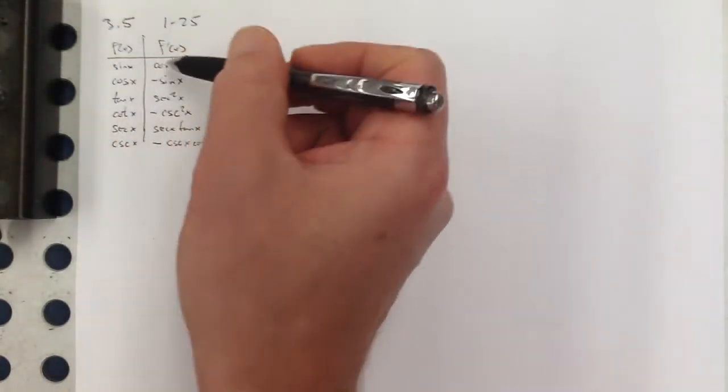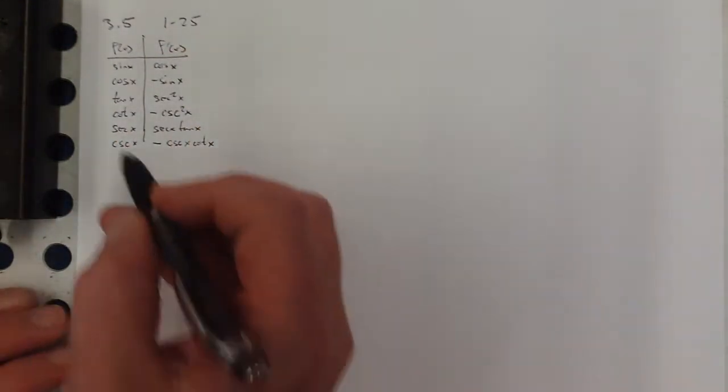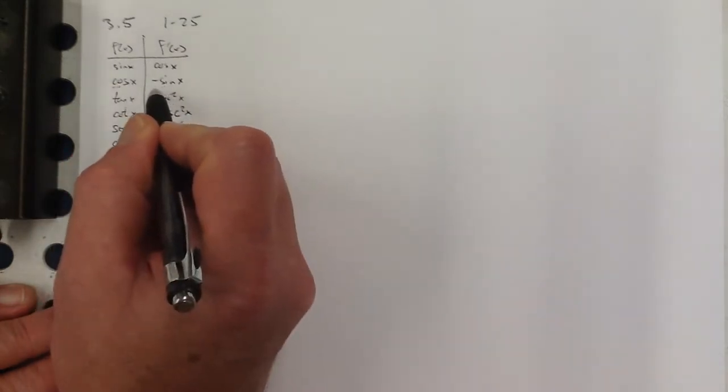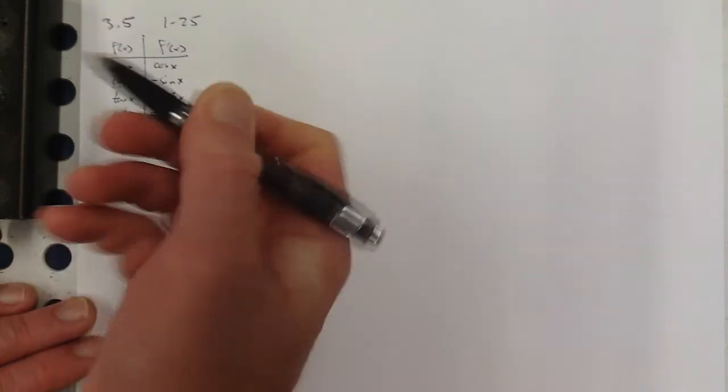I think I mentioned in the notes there's some patterns here for you to latch onto. It's not like you have to memorize 6 completely unrelated things. Derivatives of all the co-functions are negative. And you can see like secant, secant tangent, cosecant, cosecant cotangent. So lots of good stuff there going on.